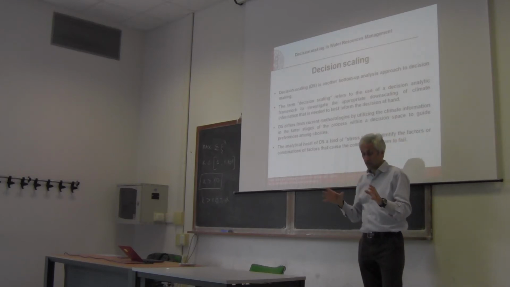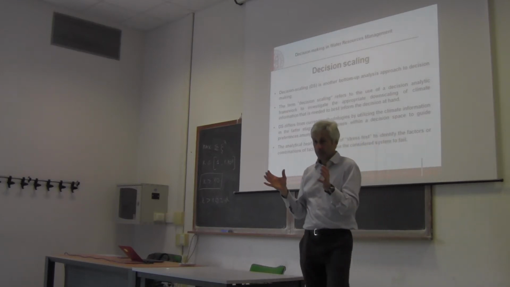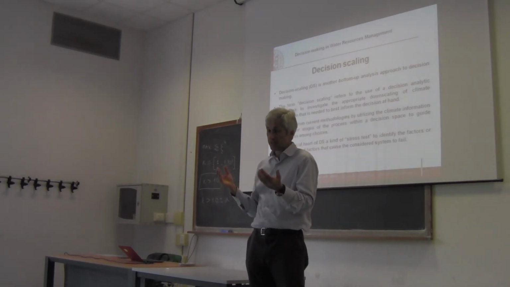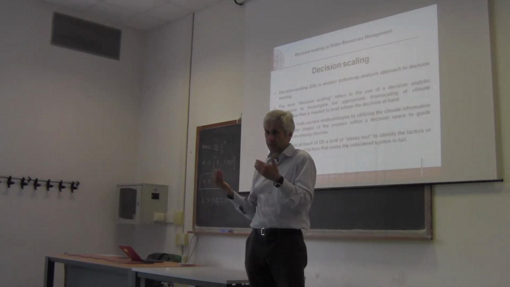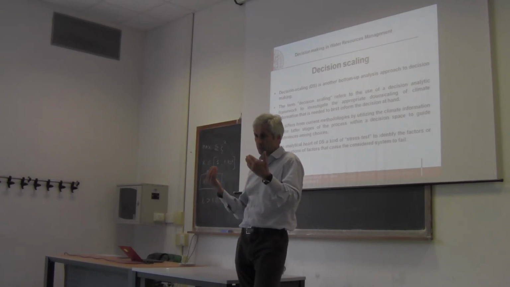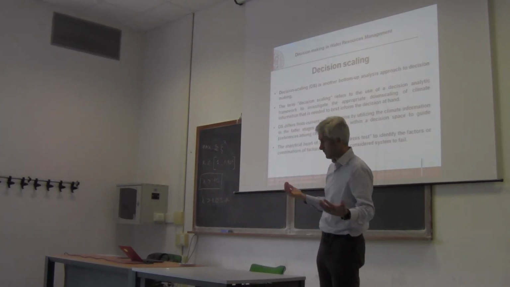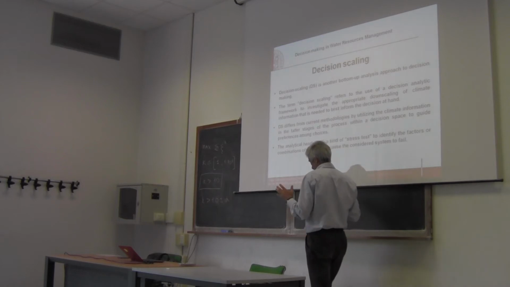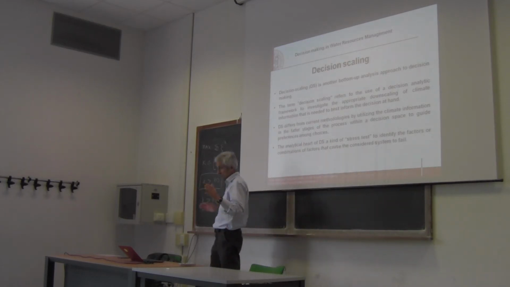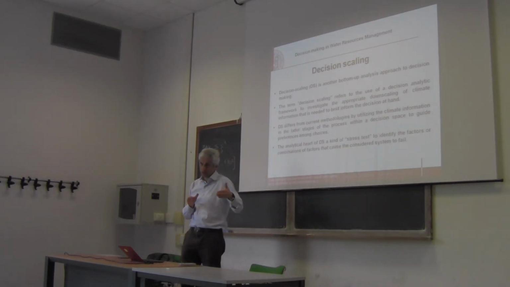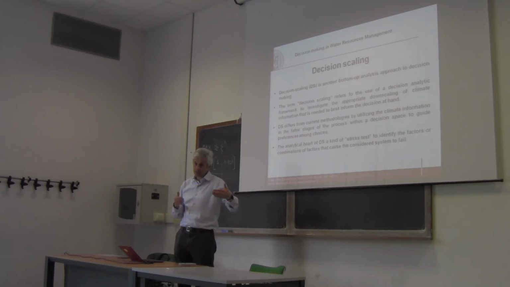And basically, it starts from a model of the system and determines through a stress test what are the conditions that bring the system to fail. This is the concept. So, robust decision making starts from the decision and then alternatives, and then brings climate information in and studies the vulnerabilities.